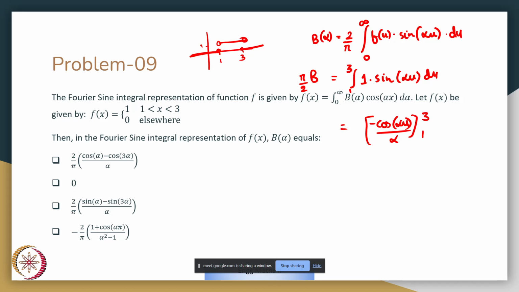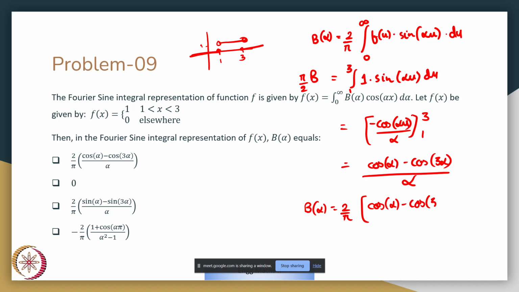Substituting 1 and 3, which is cos of alpha minus cos of 3 alpha by alpha. Therefore, we get b of alpha to be 2 by pi times (cos of alpha minus cos of 3 alpha) upon alpha.